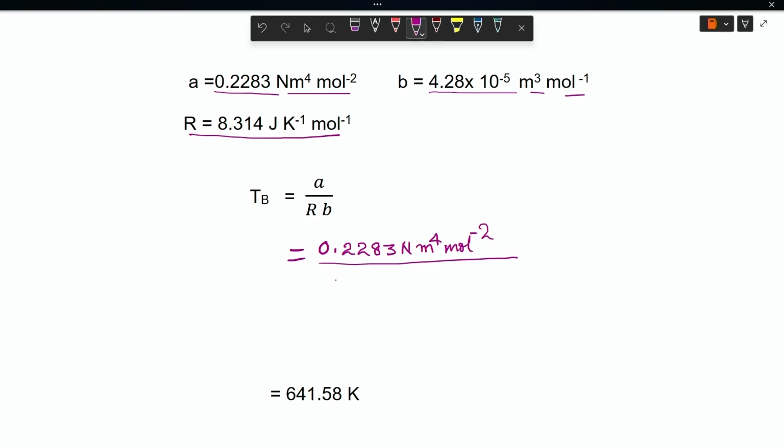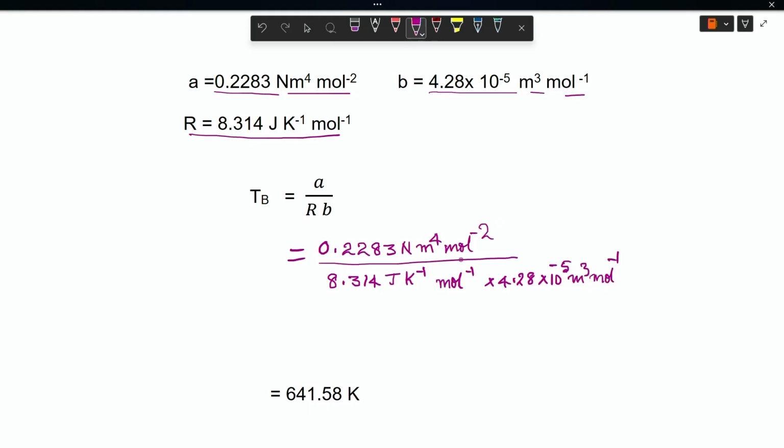R is 8.314 joules per Kelvin per mole, and B is 4.28 into 10 to the power minus 5 meter cube mole raised to minus 1.